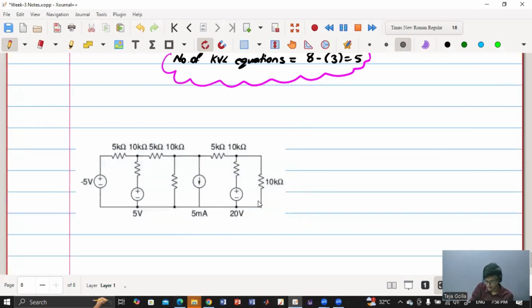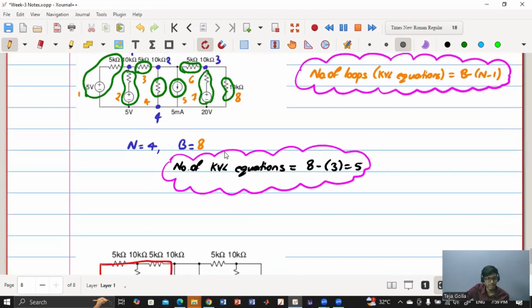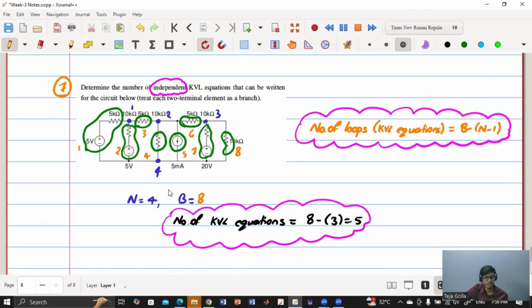These are the loops you are saying: loop 1, loop 2, loop 3, loop 4, loop 5. But I can also consider this loop, and I can also consider other loops. Now the question is how many such independent KVL equations are needed. We cannot say whether they are independent or dependent, so it is not always so straightforward.